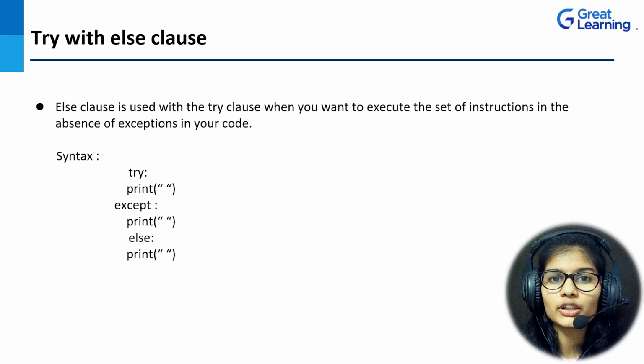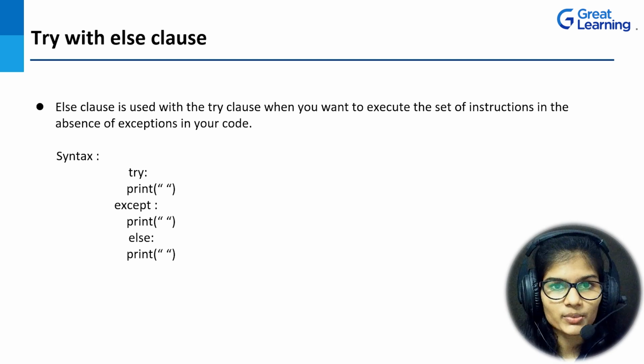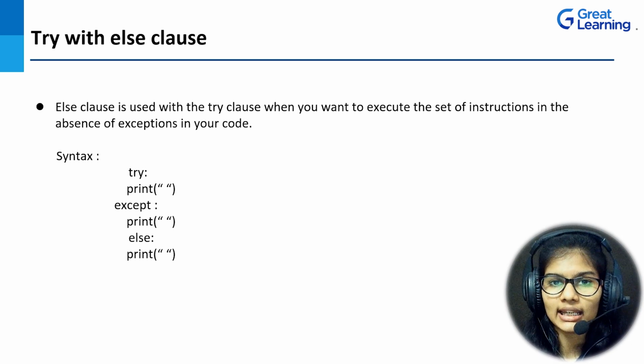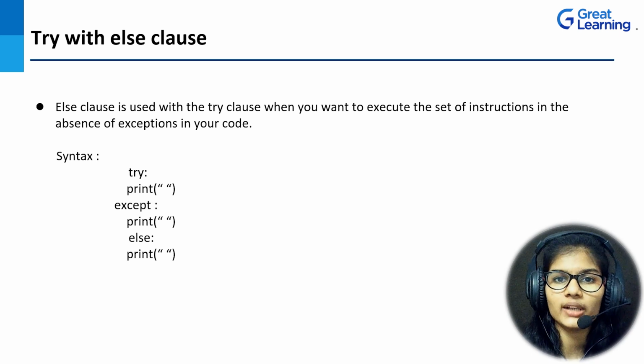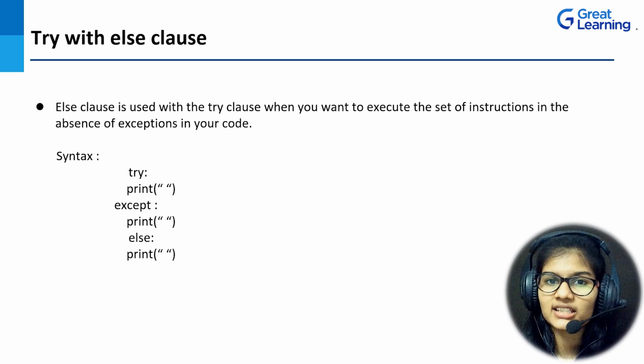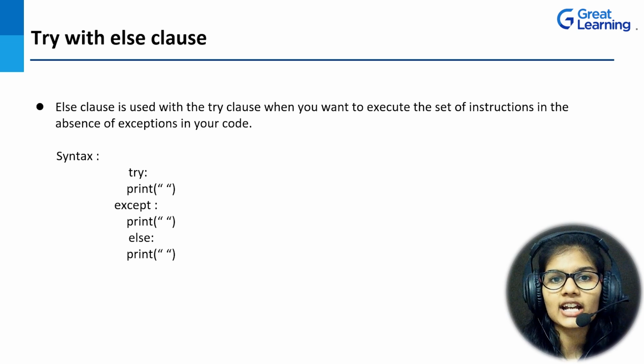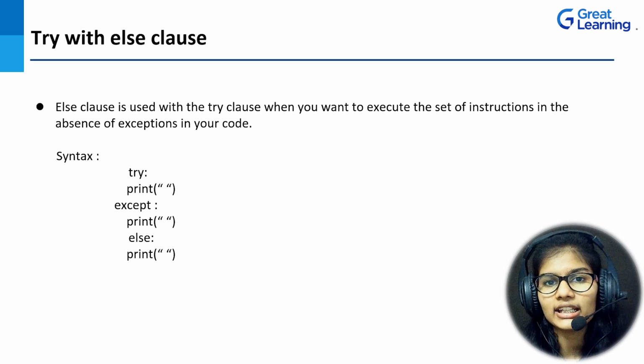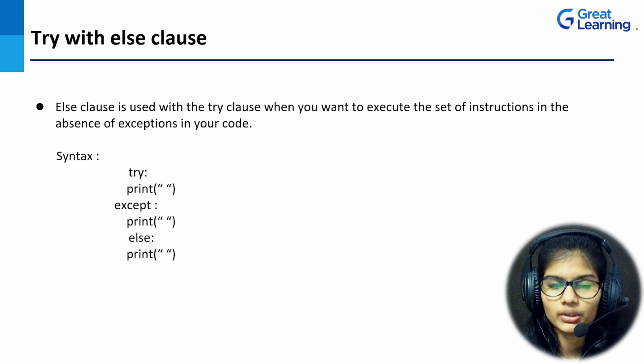The syntax is that you first write your try statement, your except statement, and after that put the else keyword, then put the colon and come to a new line. Automatically some spaces will be added, and after that you can add your relevant print statement or block of code, whatever you want to be executed if your exception hasn't occurred.